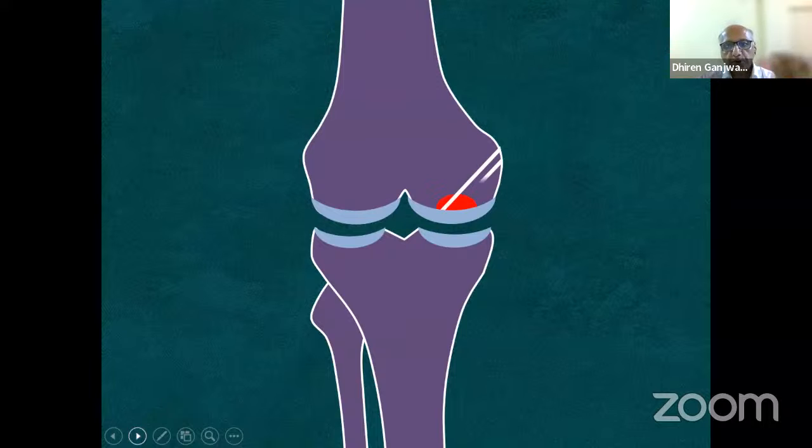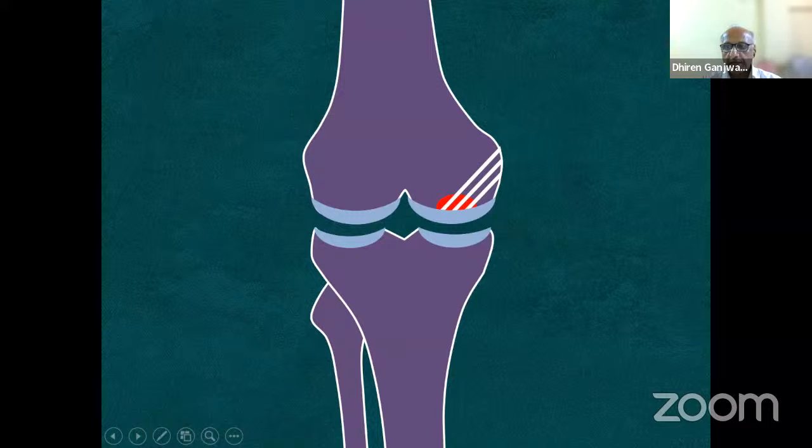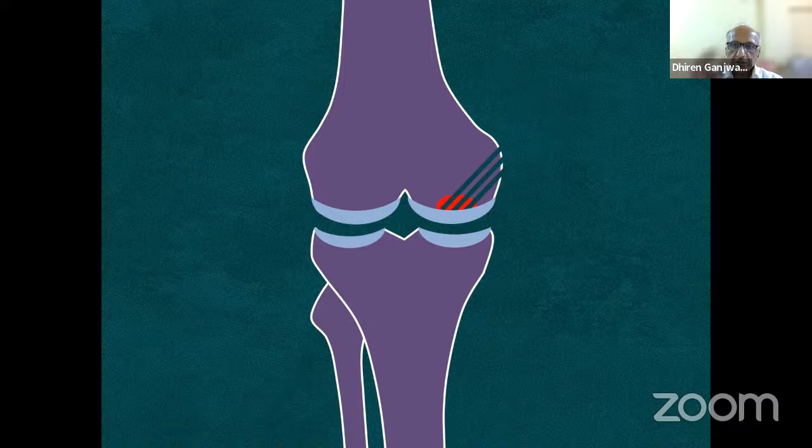We make a drill with 1 to 2 millimeter K wires, not from the joint. We carry out the drilling not from the joint, but from the area away from the joint line. So this is how we carry out the drilling.